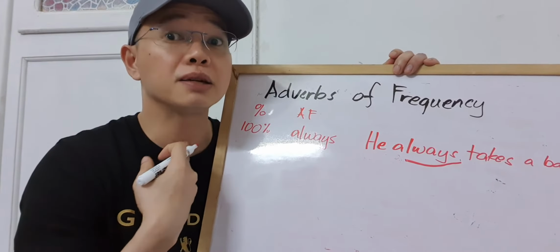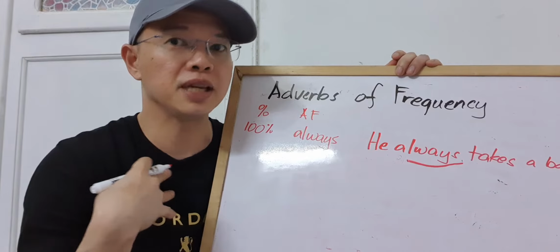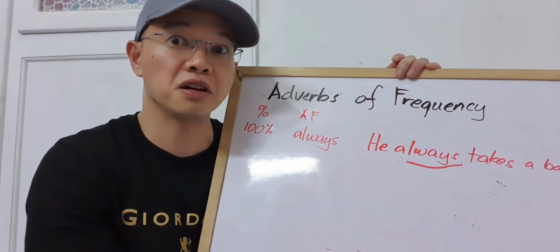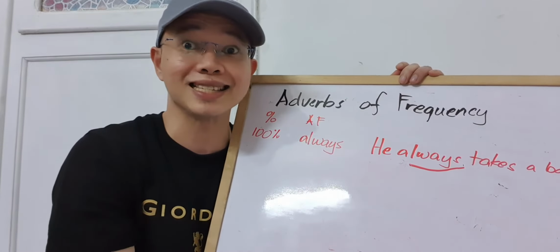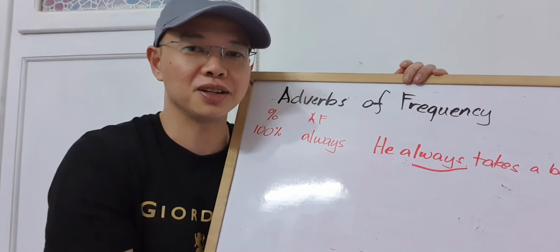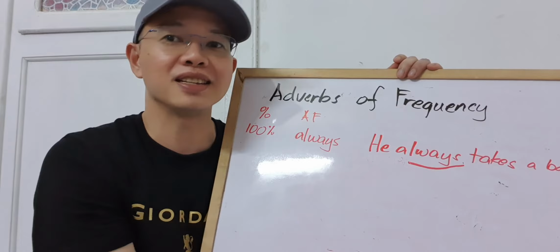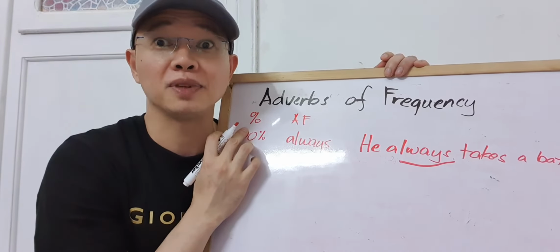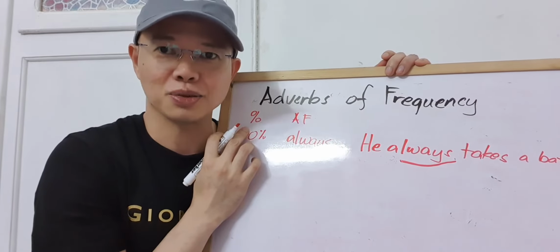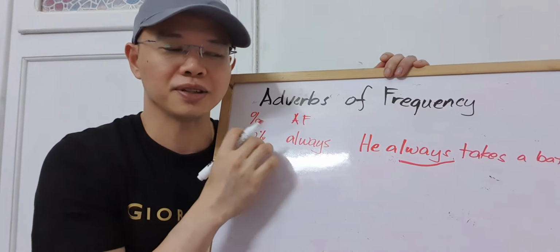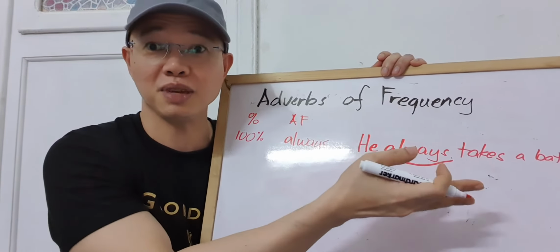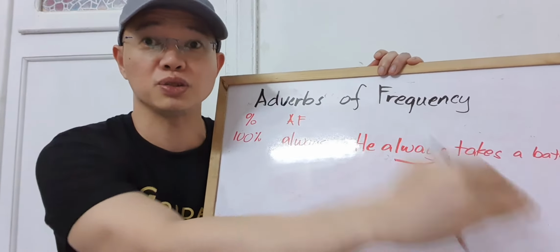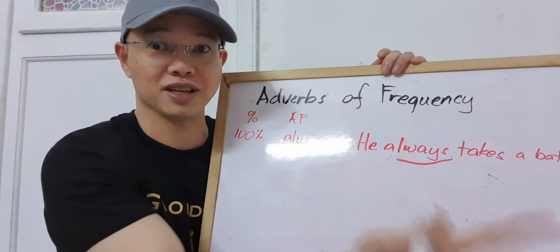Some may also say that when they say they always take a bath, it means they always take a bath only on weekdays and not on weekends. That can also mean 100% for them. So like I said, it's contextual, so it depends on what they mean. But when you say 100%, of course it's full according to your context.